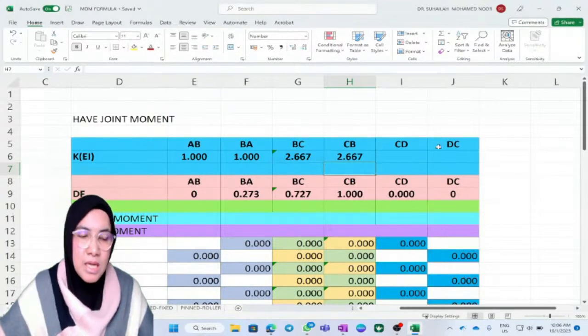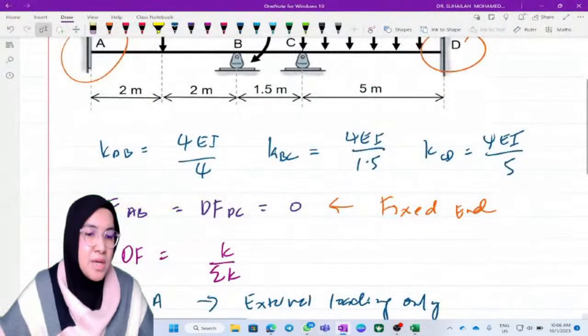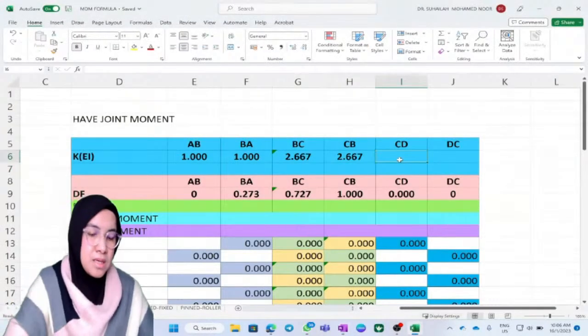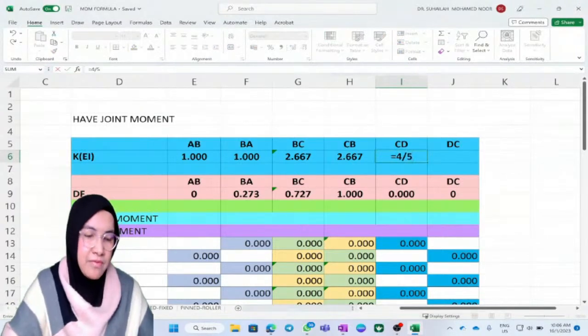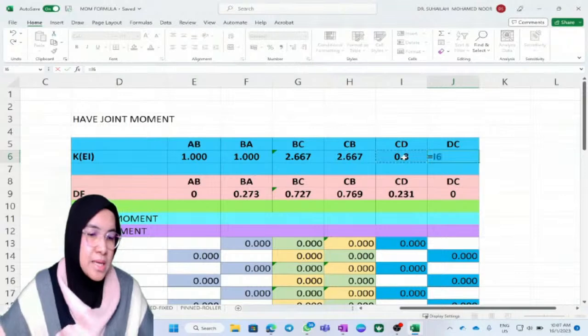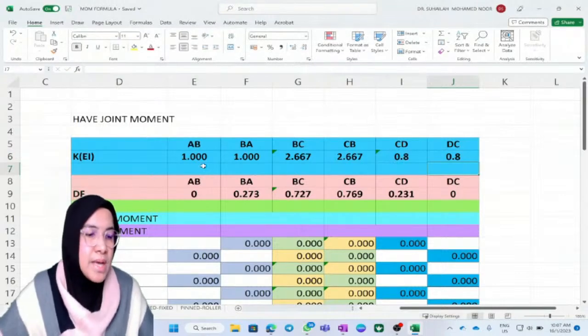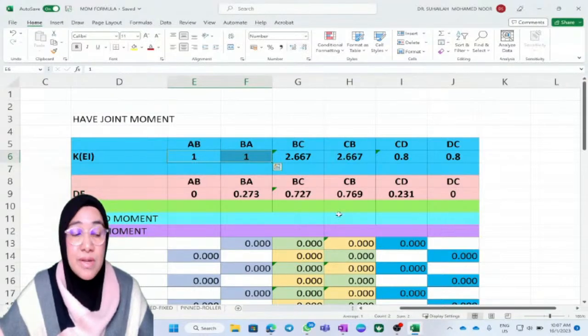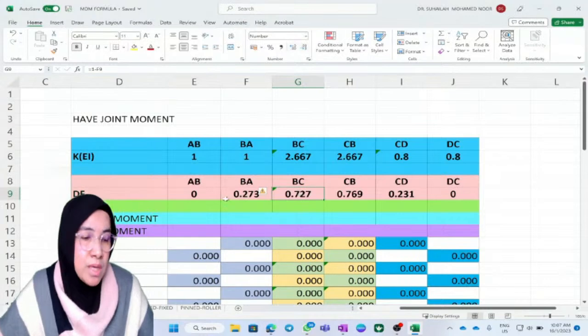And for CD, we have 4 divided by 5. EI is constant, so we get just like this. So here is how we calculate the stiffness factor. Of course, you have to do it manually.